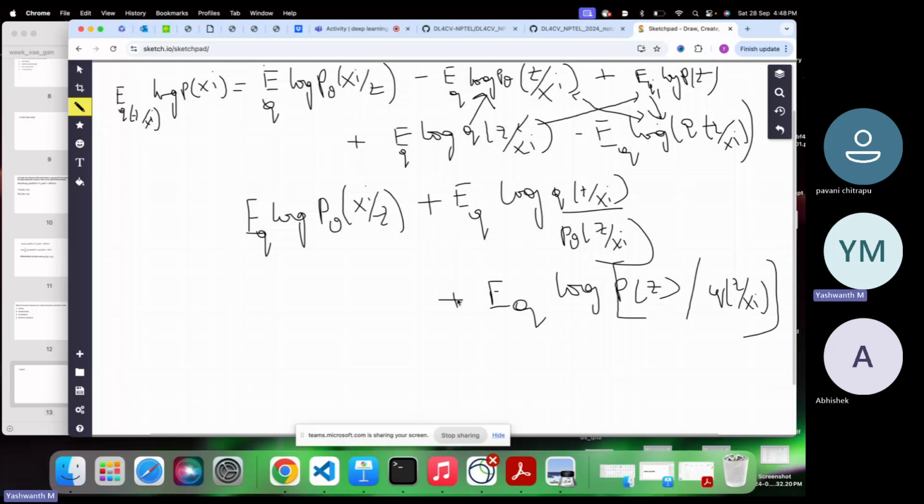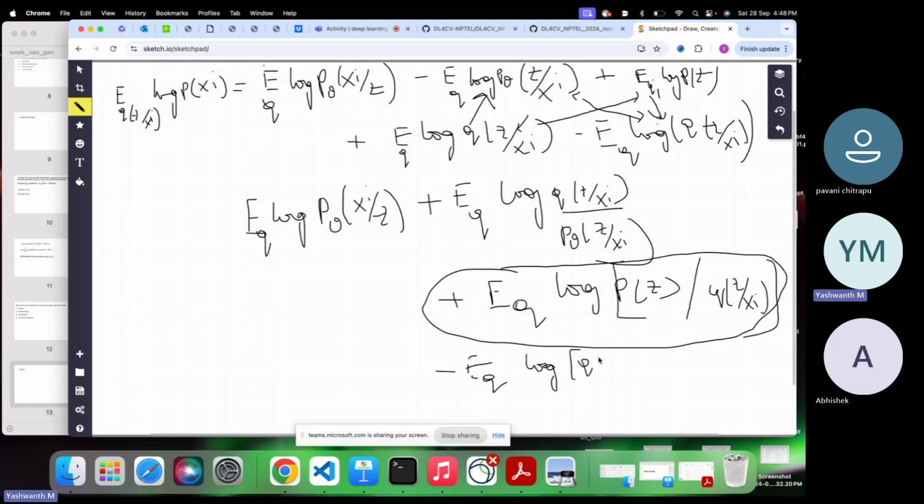Right, so this quantity is the negative of the KL actually, right? So this quantity we can write as minus expectation of Q of log of Q of z given xi by P of z. And because this is again a KL divergence between Q and P, this is always positive.